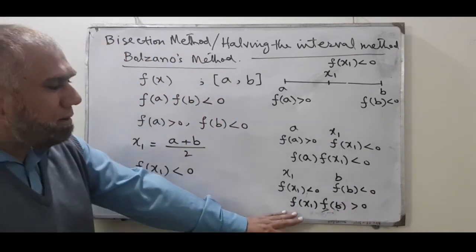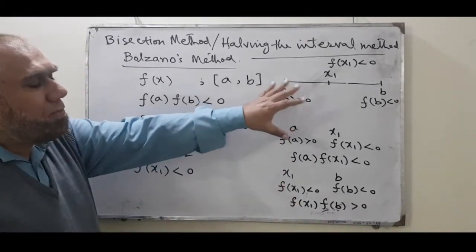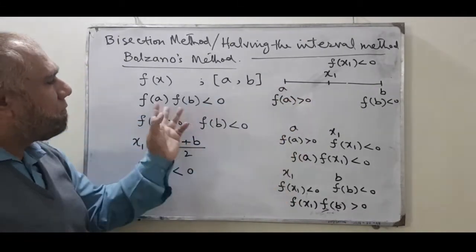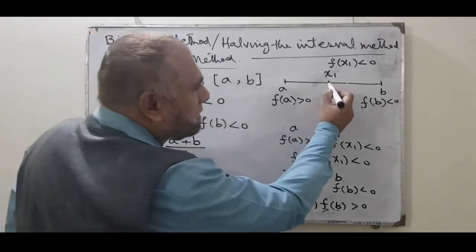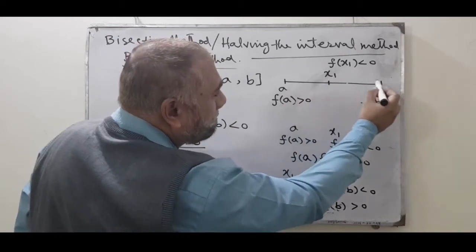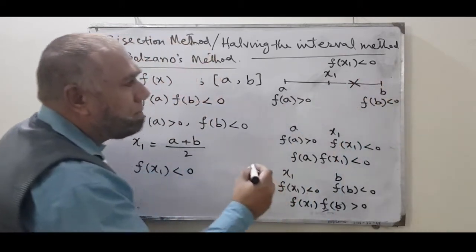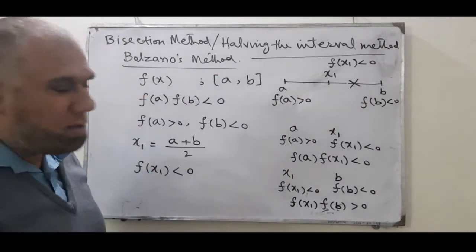So this indicates how we actually select the interval. For the next interval, we have to fulfill this condition for the endpoints. So this part from x1 to b can be discarded from the domain, and the new domain for the next interval is from a to x1.